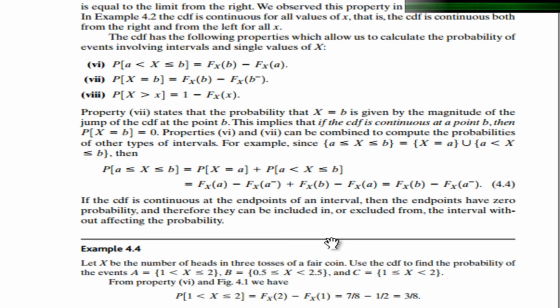Okay, let's move on. There is another very important property, property number 6. If you want to find the probability of an event x which is between A and B, you can find it using the CDF value at point B and the CDF value at point A, by subtracting the lower value from the higher one. Okay, it is very easy.